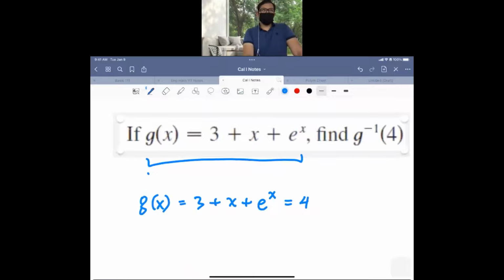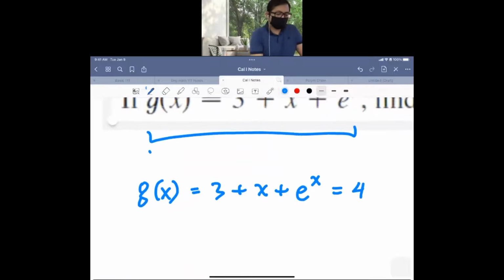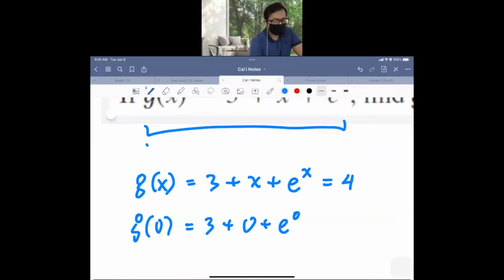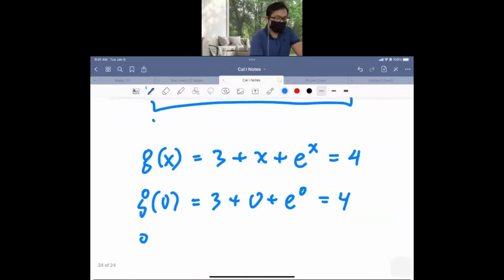I believe with some trial and error, with some simple numbers, we can maybe try, because we have e, maybe we just need to power with 0. So let's just try 0. And it's true that this is 4.